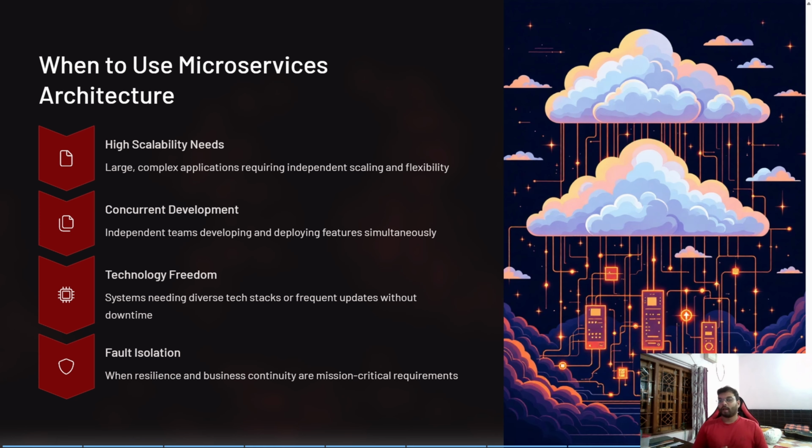Now comes technology freedom. We will read more about this later, but just to sum it up, let's say there is a feature which runs faster with GraphQL APIs as compared to REST APIs.